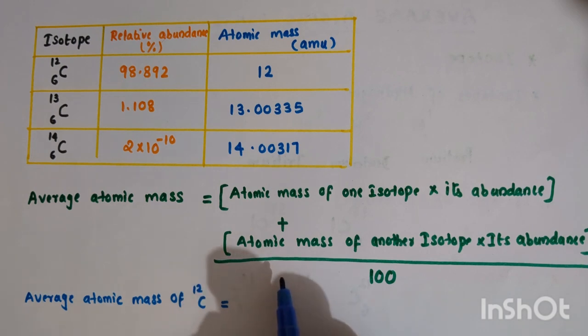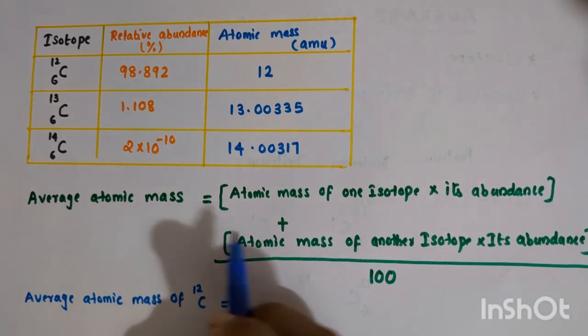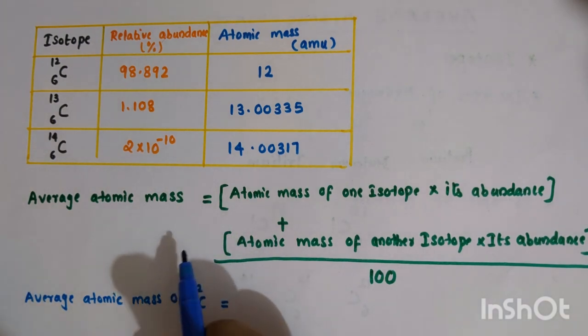So how can we calculate the average atomic mass of carbon?